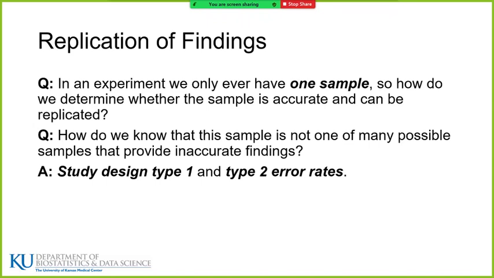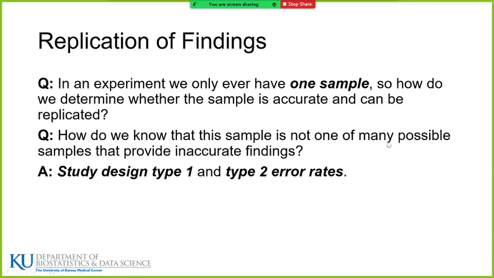Assuming you've gone through the process of study design and you get down to that point where we've identified other sources of variation and accounted for them, the way that we then finally account for sampling variation, which again impacts our ability to replicate findings in a future study, is through controlling these error rates.